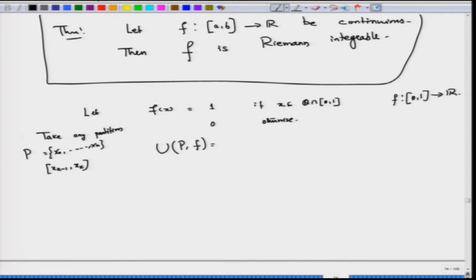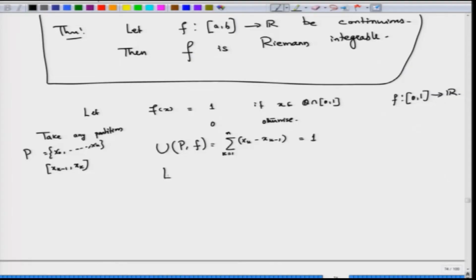So, the maximum in this interval is going to be 1. So, this is the summation over k from 1 to n of x_k minus x_{k-1}, which is equal to 1, because again it is a telescopic sum which is equal to x_n minus x_0, where x_0 is 0 and x_n is 1. Therefore, U_P f is 1 irrespective of whatever partition you take.